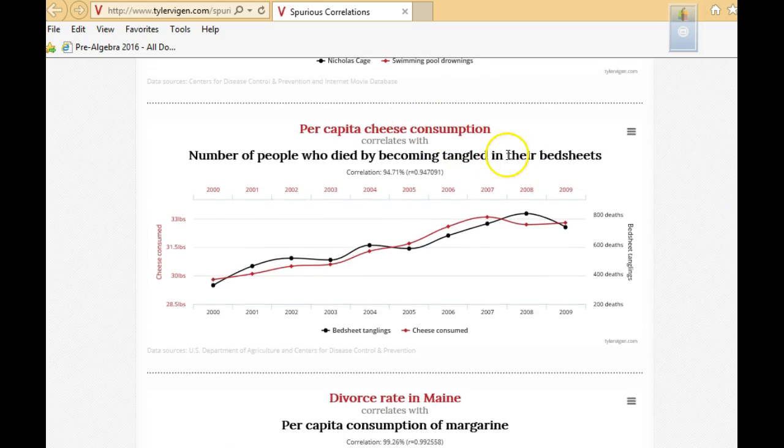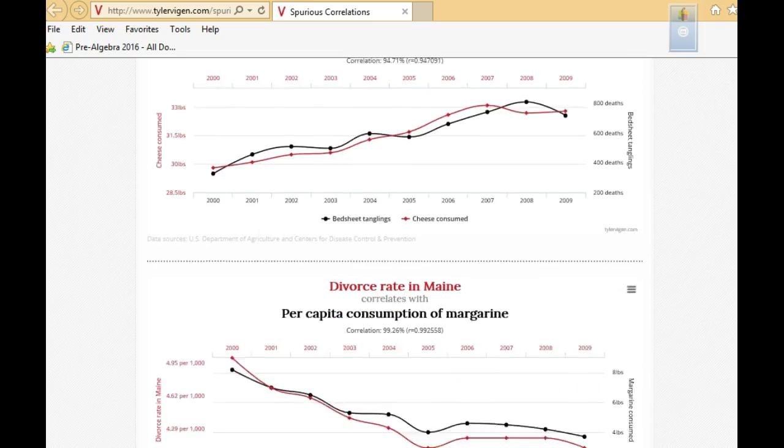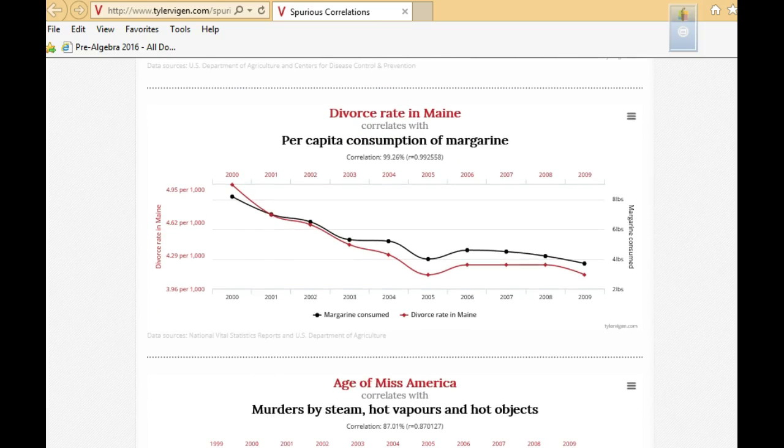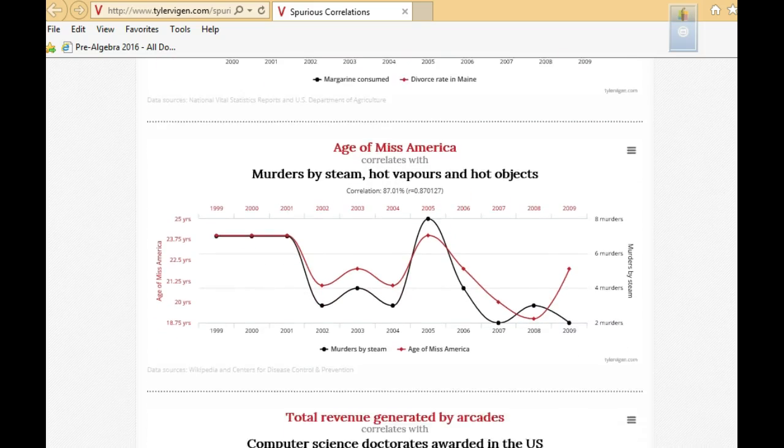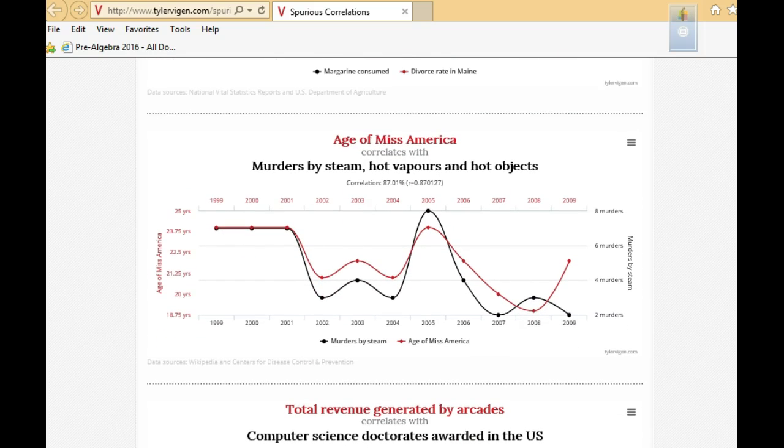The per capita cheese consumption and the number of people who died by becoming tangled in their bedsheets. Like, people, I don't know, guys. People are stupid. What? Per capita consumption of margarine. Margarine.